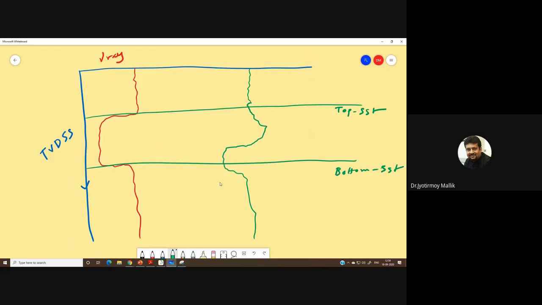Okay, now I am looking at the resistivity curve. So within that sandstone, I can see that up to this depth, let's use another color, up to this depth the resistivity here is higher, the resistivity here is lower.